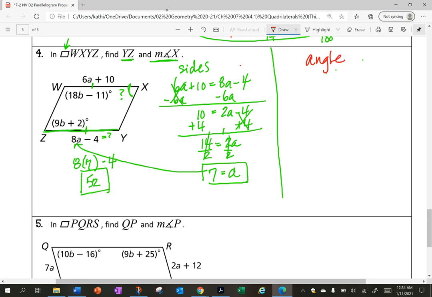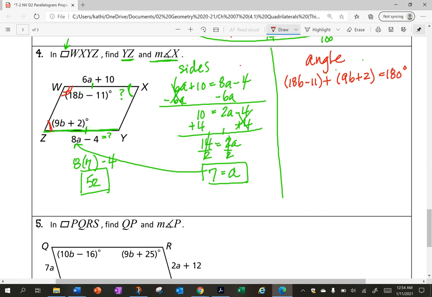Okay, so I have two angles given, and the angles are consecutive. So I know when I add my two angles together, they total 180 degrees. So my equation is going to be 18b minus 11 plus 9b plus 2 equals 180, because I have two consecutive angles.